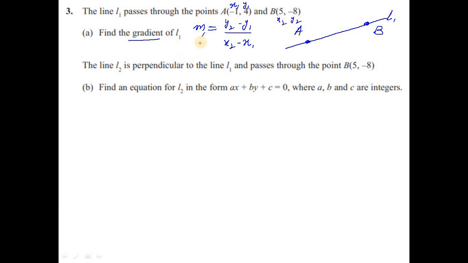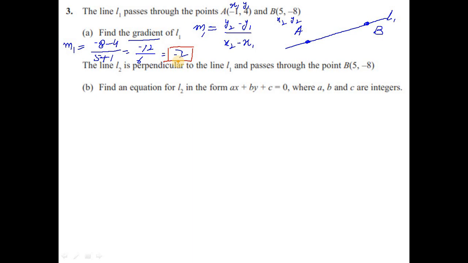So you can use this to figure out the value of m1. That means -8 minus 4, so m1 is -8 minus 4 divided by 5 plus 1. So it's -12 over 6, which is -2. So your gradient of line L1 is -2. This is your gradient.